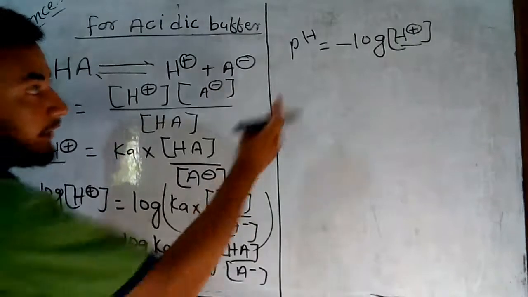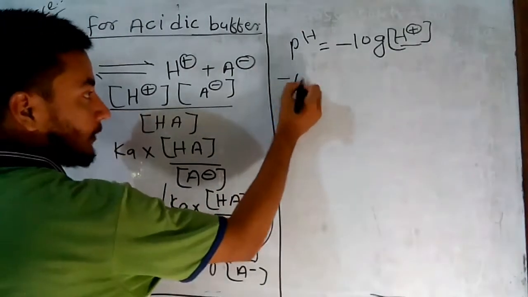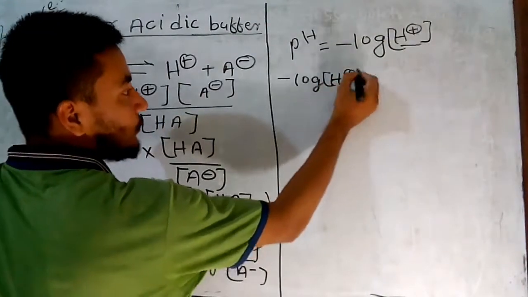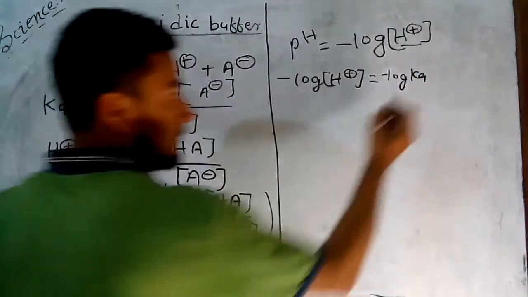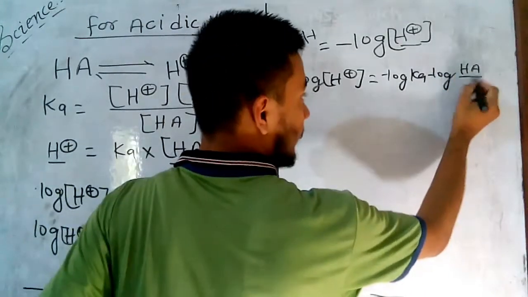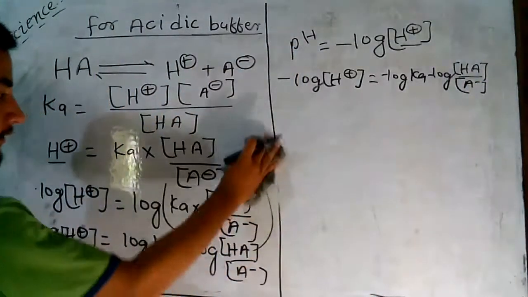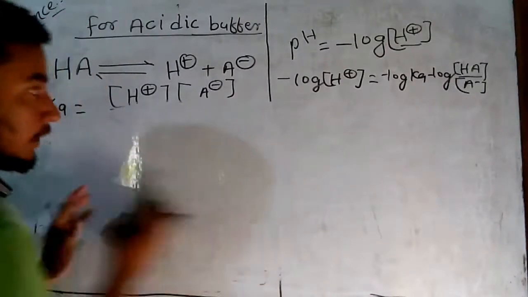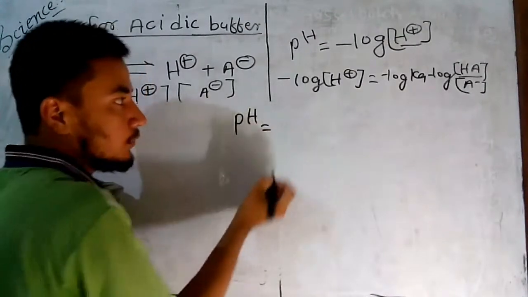We have to find pH, so pH equals minus log H plus. Taking minus on both sides, minus log H plus equals minus log Ka minus log HA by A minus. So minus log H plus equals pH.